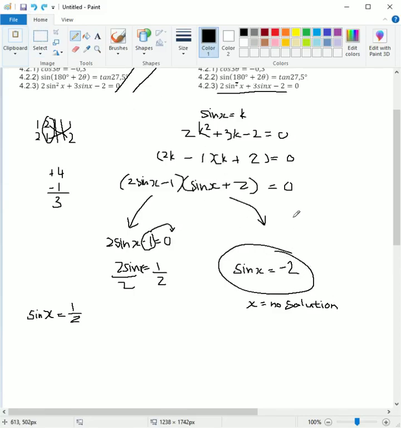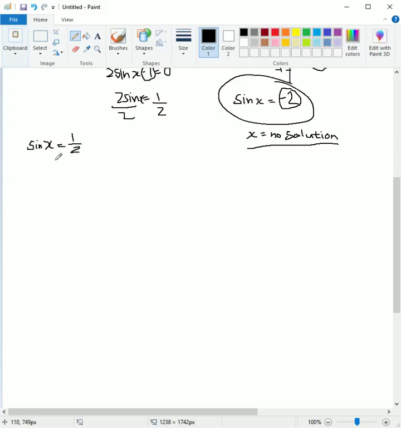We know how the sine function looks, the mother graph if you want to call it that. It repeats itself. The highest that it goes is 1, the lowest that it goes is minus 1. So there's never a time when sine x actually reaches minus 2, so there's no solution that meets that requirement. So this side, no solution.